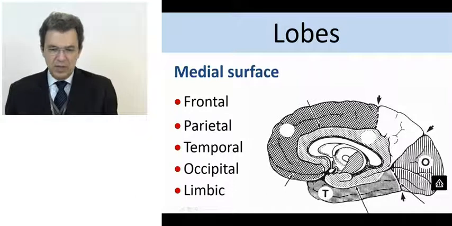The border between frontal and parietal should be the central sulcus. That's not very clear on this image. Between parietal and occipital, it's the parieto-occipital sulcus. Between occipital and temporal, you have again an artificial line connecting the pre-occipital notch with the junction of these 2 sulci, the calcarine and the parieto-occipital.